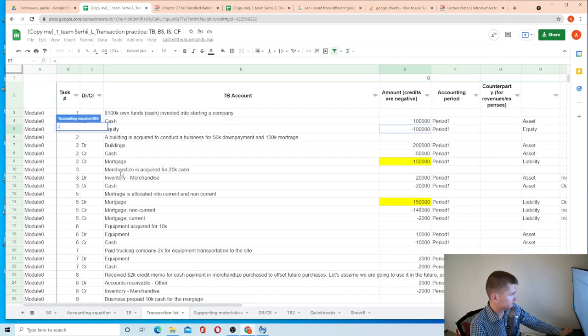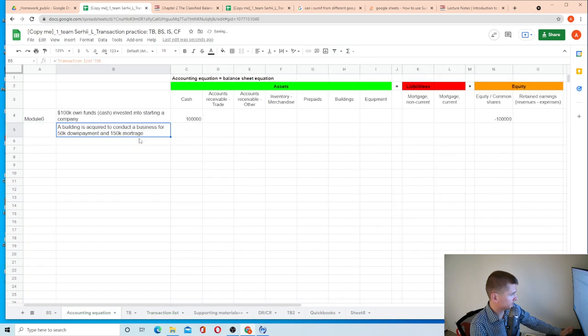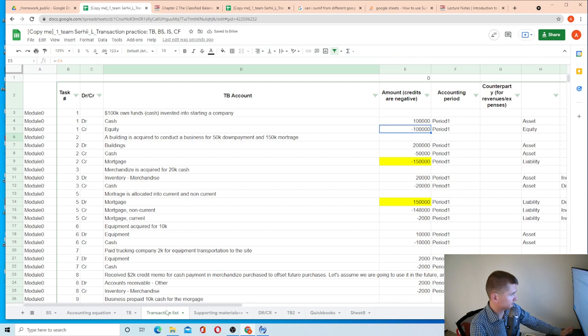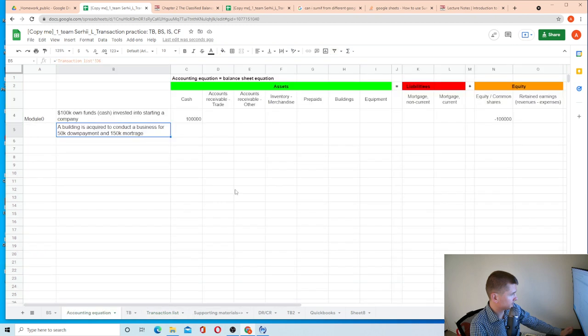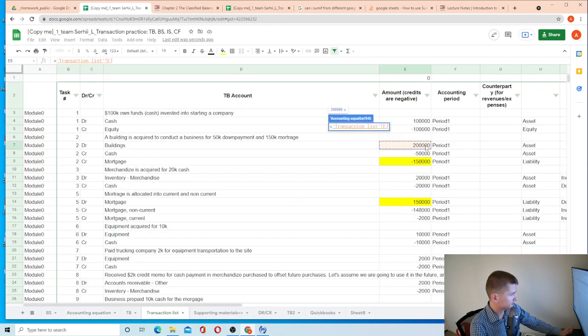And let's move to the second one, acquisition of the building. So what impacts do we have here? Impact on building, 200,000. Impact on cash, minus 50k, and impact on mortgage, 150k. Let's go here. We have buildings here. We match it with that amount.